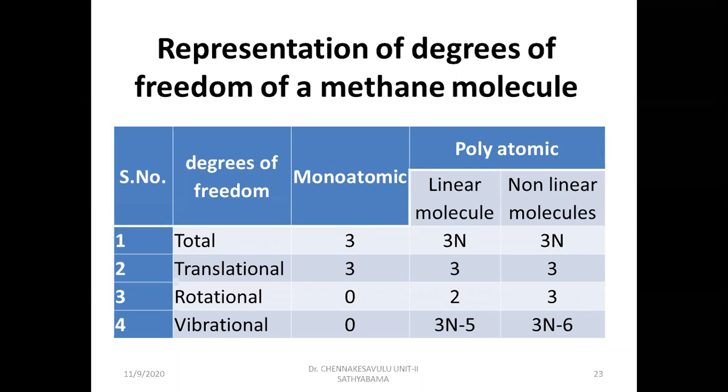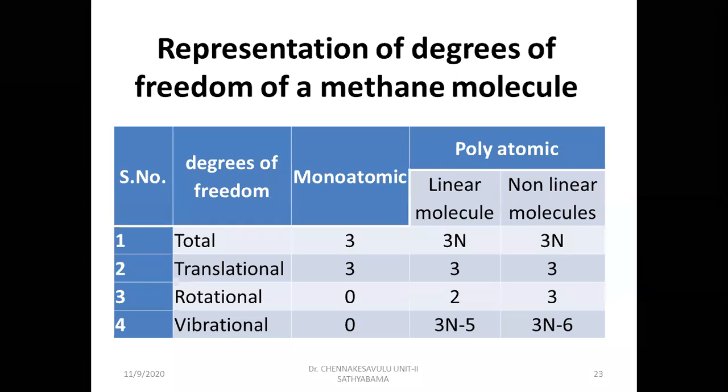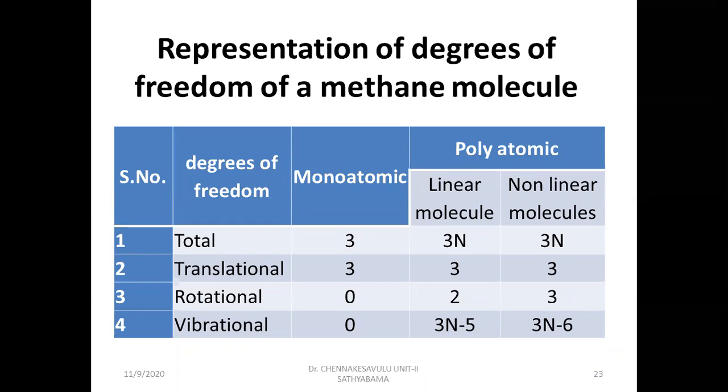With respect to 2 atoms we can see the different movements, but since it is a monoatomic thing, it will have only 3 degrees of freedom. For polyatomic things, linear or non-linear, it will have 3n, where n is the number of atoms. For monoatomic 3, for polyatomic 3n.